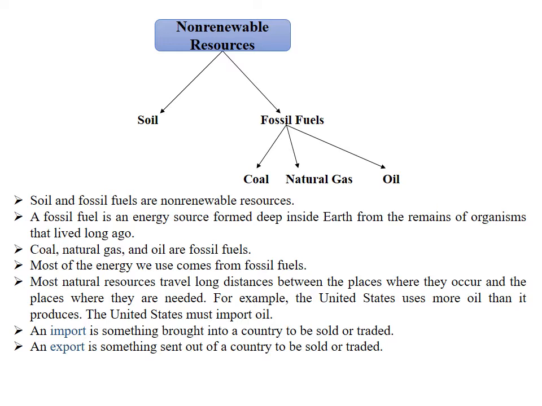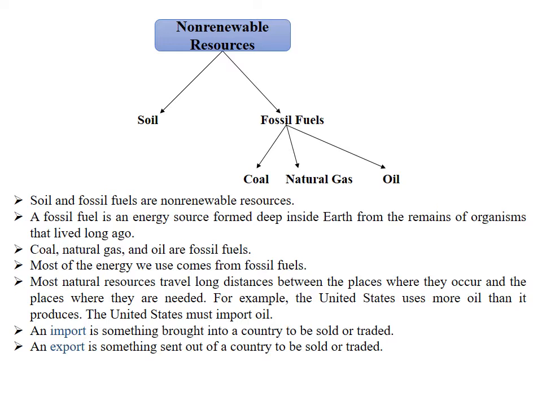We have to know that most of the energy we use comes from fossil fuels. Fossil fuels not only power cars and trucks, they are burned in many energy stations to produce electricity. So natural resources are used to make products of all sorts. Now we have to know that most natural resources travel long distances between the places where they occur and the places where they are needed.